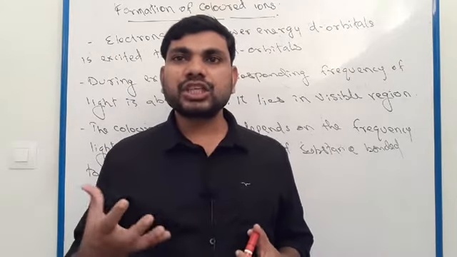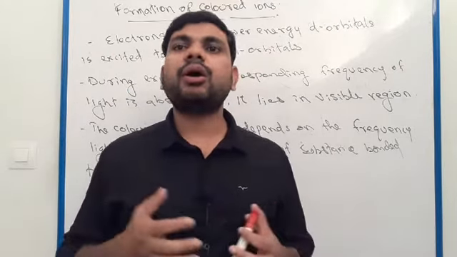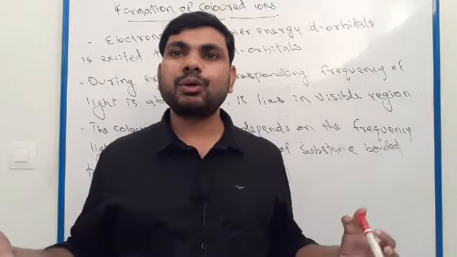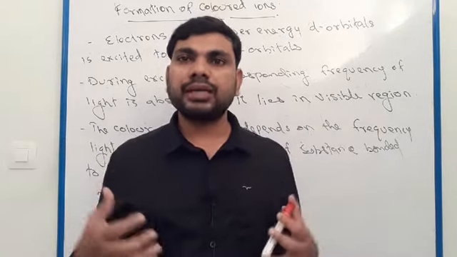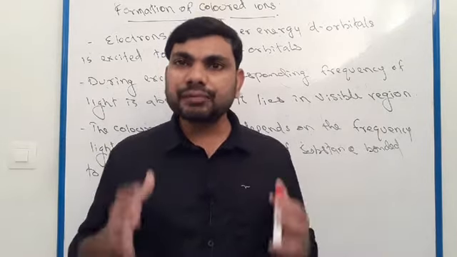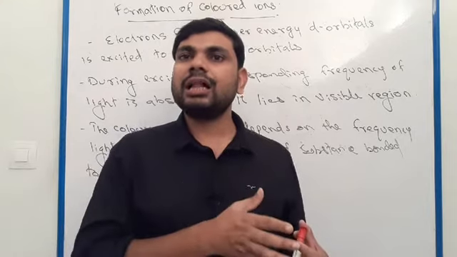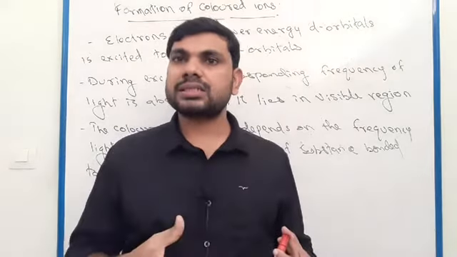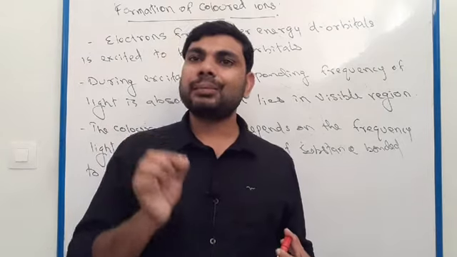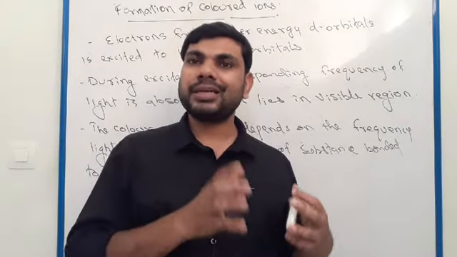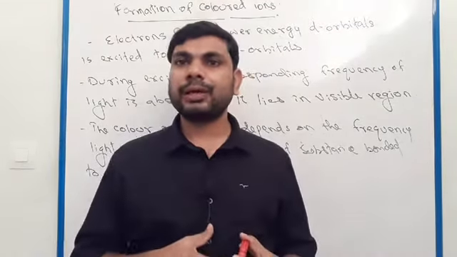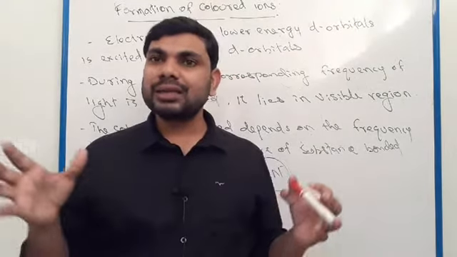During excitation, they will absorb a frequency of light or radiation. This frequency of light lies in the visible region, and it helps to make different colors in D block metals or D metal compounds.